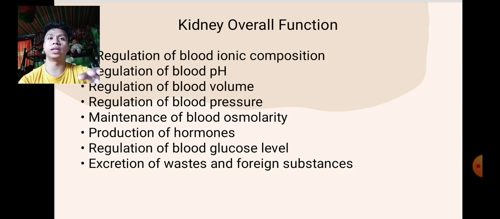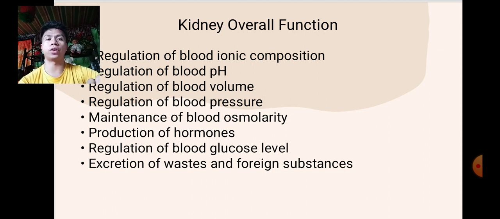The kidneys help regulate the blood levels of several ions, most importantly the sodium ions, the potassium ions, and the calcium ions.